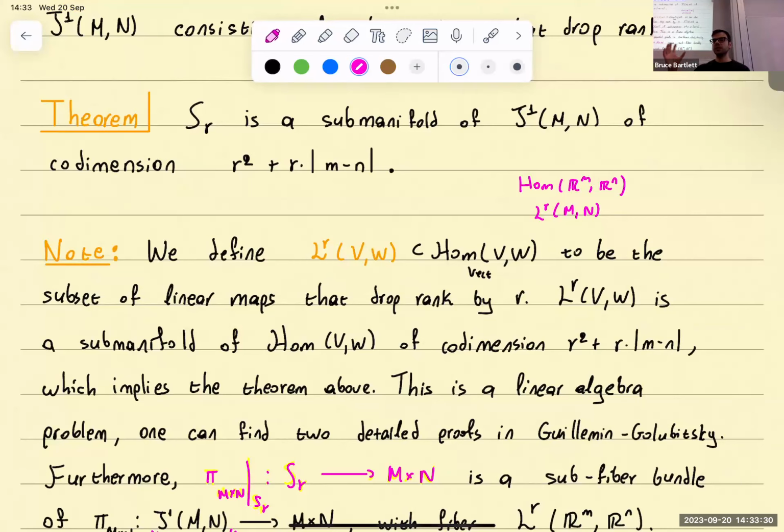So you can think of J1 as such a triple.